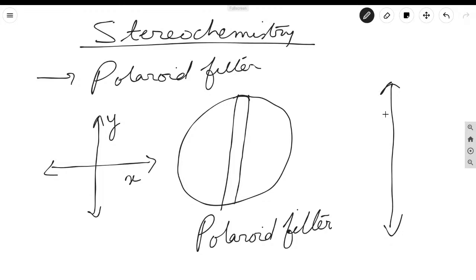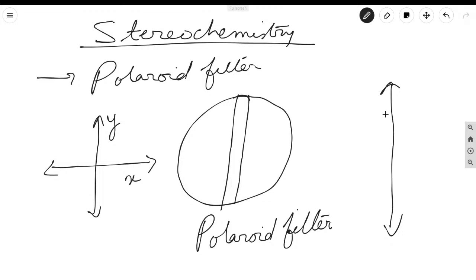During the fabrication of the filter, the long chain molecules are stretched across the filter so that each molecule, as much as possible, is aligned in the vertical direction. So as unpolarized light strikes the filter, the portion of the waves vibrating in the vertical direction are absorbed by the filter.